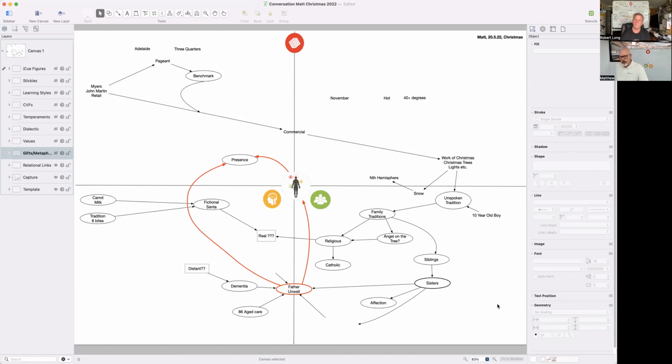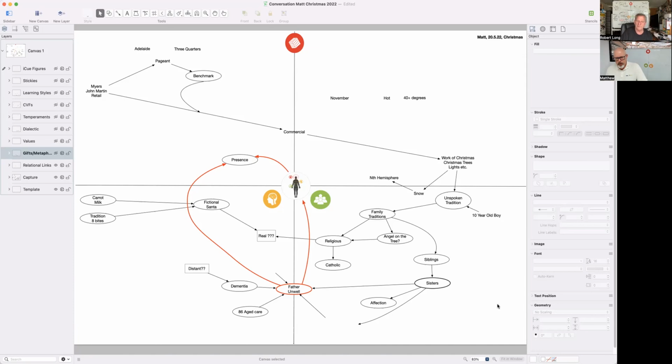And what we've got here is a tool that helps visualize what went on verbally between you and me in a conversation yesterday. Although the conversation was really only just an example, we talked about Christmas and so on. The purpose is to show how this actually works as a method.